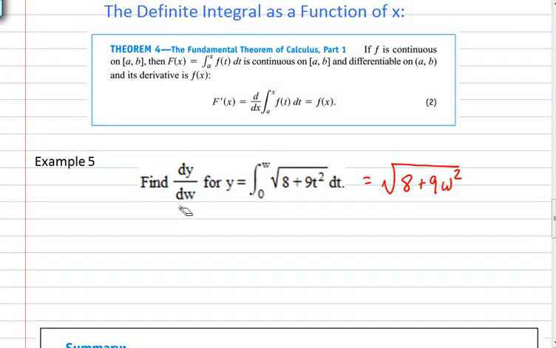When you take the derivative with respect to a variable of an integral where the upper bound is a variable, all you're doing is you're trading out those variables, the t and the w. That's the first part of the fundamental theorem of calculus.